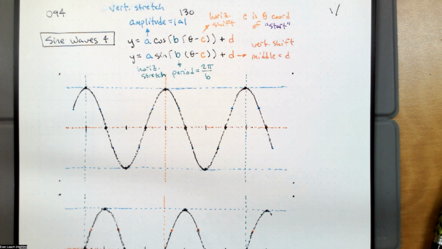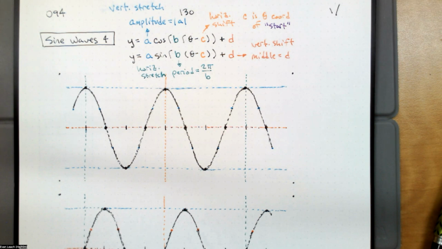So here's what we mean. If you recall, I had mentioned that we think of positive cosine as starting at the top. Positive cosine starts at the top. Negative cosine starts at the bottom.